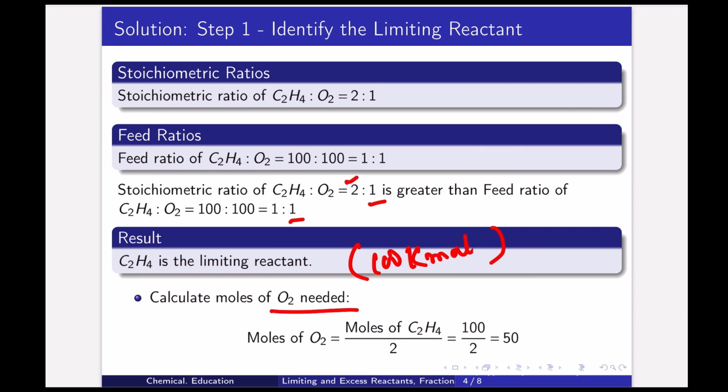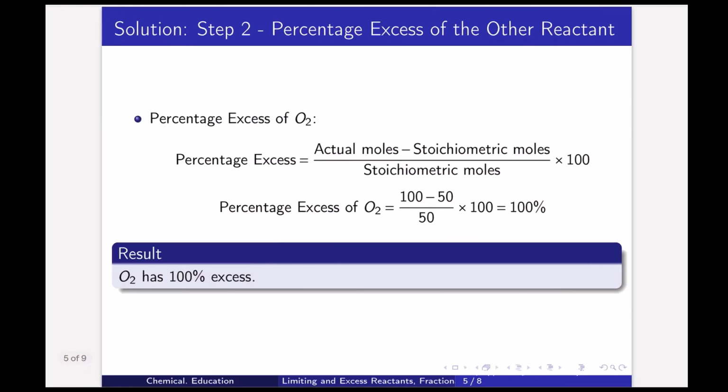The ratio is 2 to 1, so 2 moles of ethylene react with 1 mole of oxygen. So with 100 kilomole of the limiting reactant, oxygen required is 100 divided by 2, so 50 kilomole.